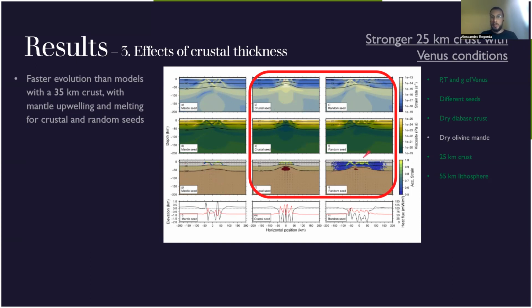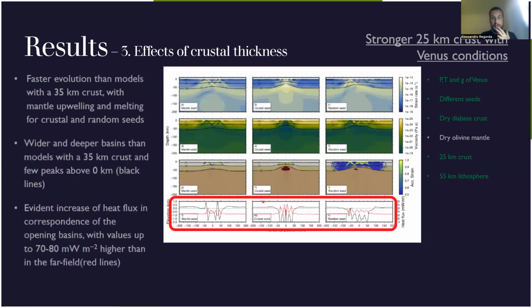The difference from the models with the thicker crust is that in these cases we didn't observe any migration of the strain rates. So in this case there is the possibility to have mantle upwelling and so to produce PT conditions compatible with mantle melting here and here.